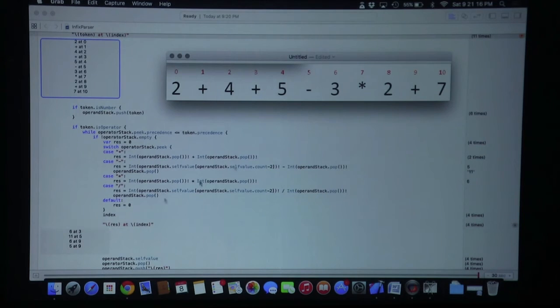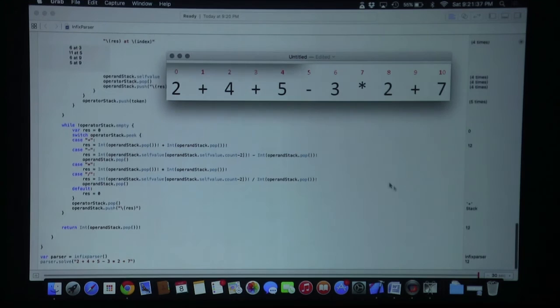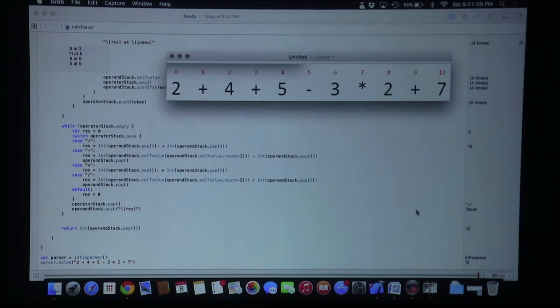Now at 9, we can see this plus has turned this 3 times 2 into 6 over here. And then this plus also solved for essentially 11 minus 6, which would be 5, as you can see. And then it was just left with 5 plus 7, and so it got the answer 12. And so that's how that works.